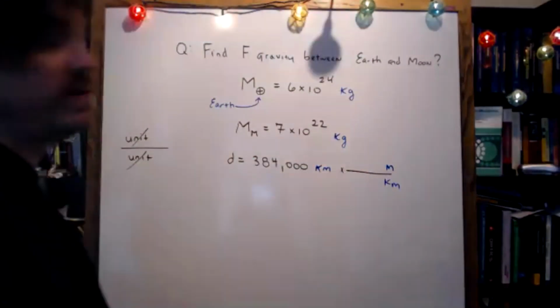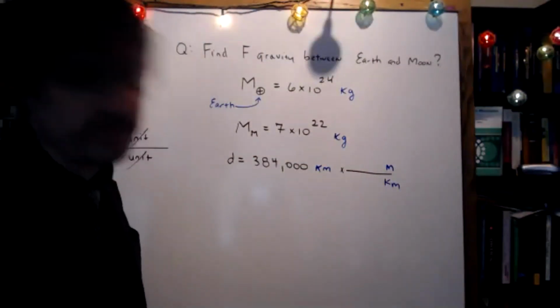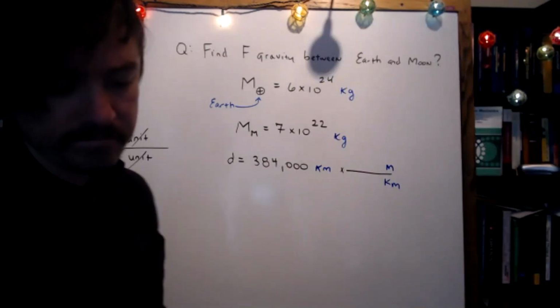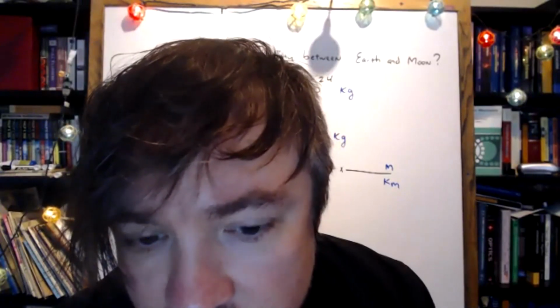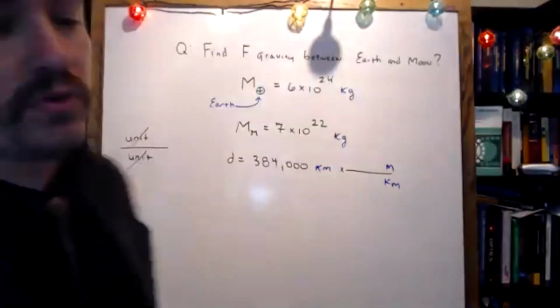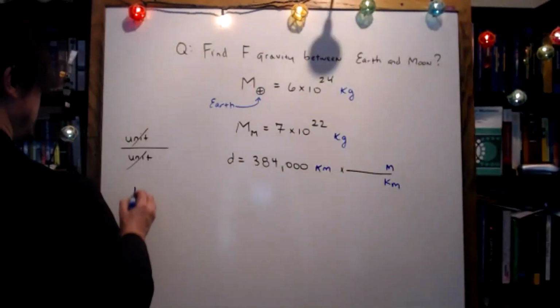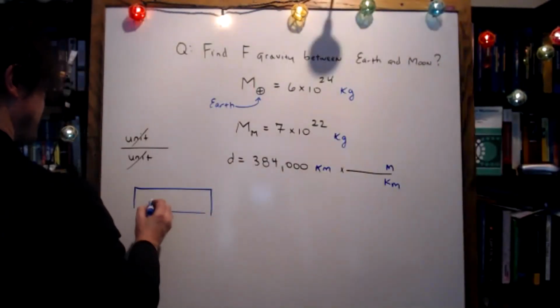Okay, now step 4. You need a conversion between meters and kilometers. What's your conversion, Andrew? Oh, we're just going to write down the 6 times... No. You're looking for how many kilometers is equal to how many meters?